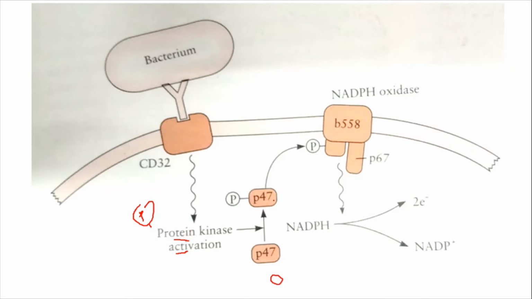This active P47 goes on to phosphorylate the B558 protein, especially a membrane-bound protein. Also, this B558 dimeric protein is a combined form of B558 plus B67.